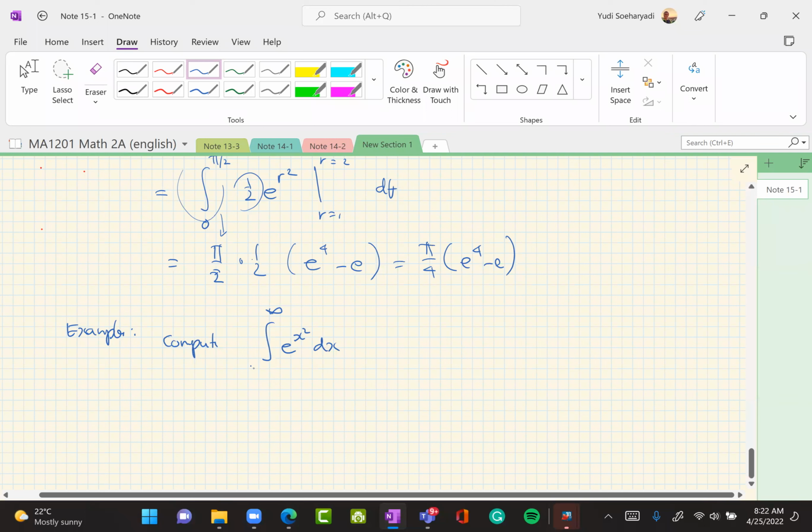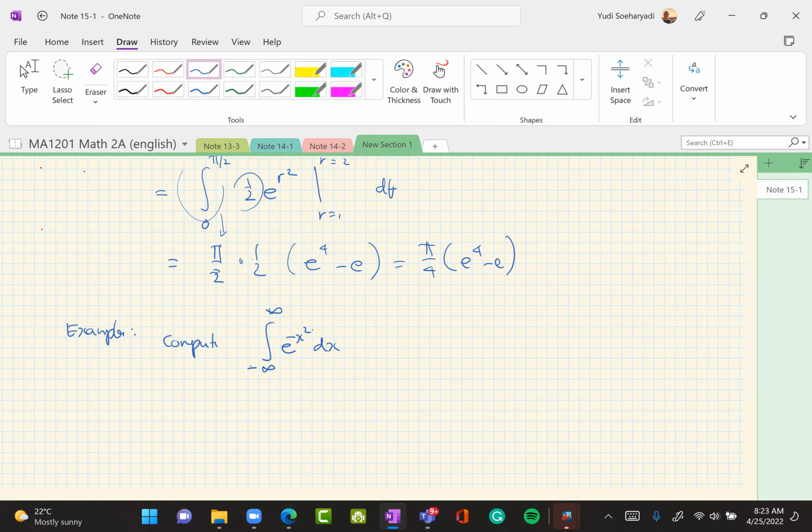So this is an improper integral with this minus.